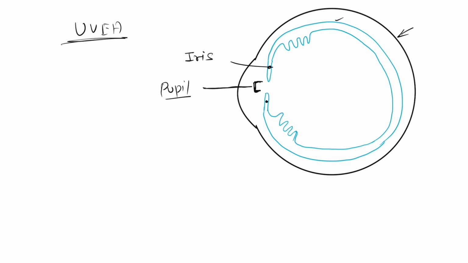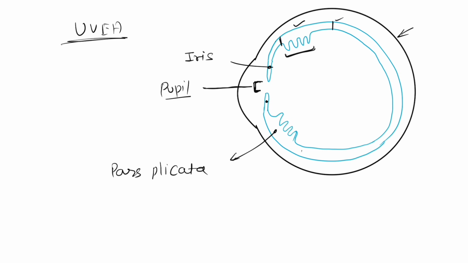Now behind the iris we are seeing some projections, I would say, and this is called the ciliary body. Now the ciliary body has two parts, the one with projections and one without projections. From here to here this is the complete ciliary body. The anterior part, the one with the projections, is known as pars plicata.